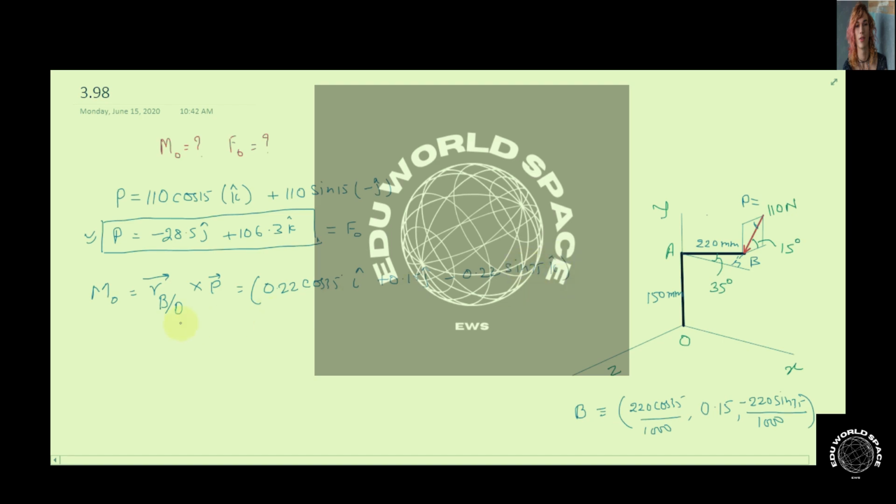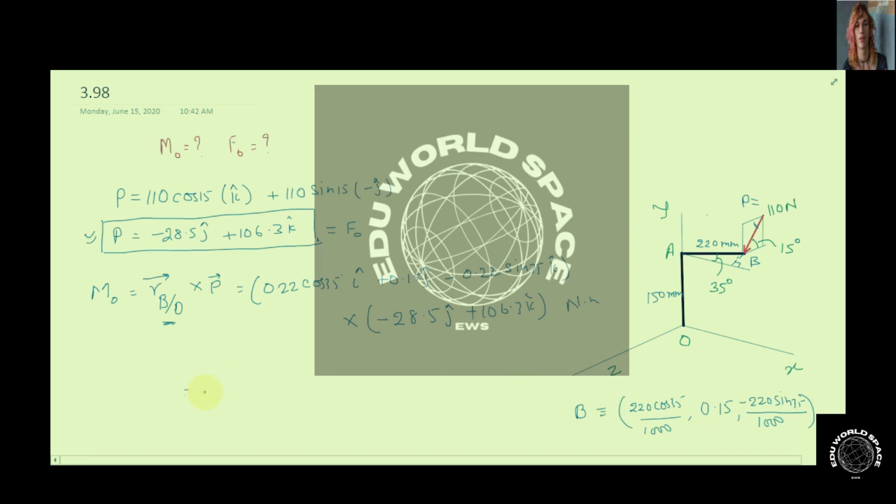Now we have written the position vector of point B with respect to O, and we have to cross multiply it with the force vector, that is minus 28.5 j cap plus 106.3 k cap, and obviously its unit will be Newton meter.